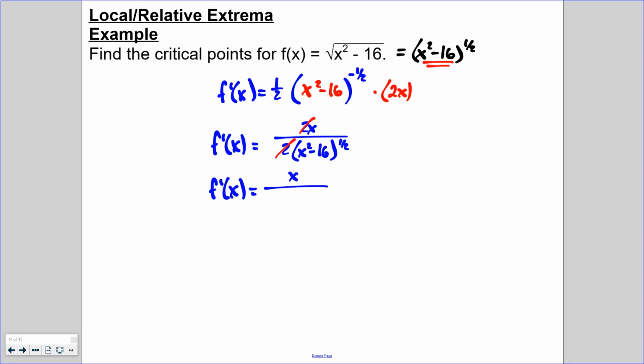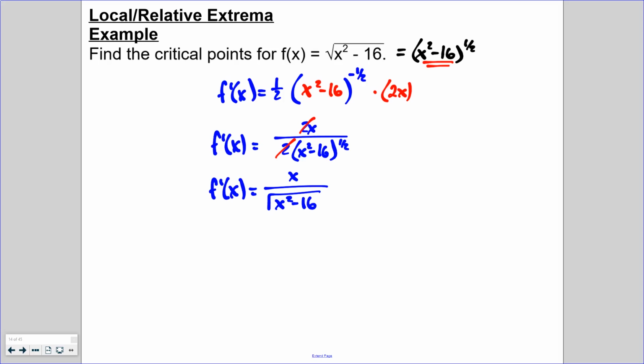And for the purposes of what we're going to do next, I actually want to put the x squared minus 16 back in the radical. So I'm going to change the 1/2 power back into a radical, and hopefully you'll understand why in just a moment. But that's going to give us a derivative of x over the square root of x squared minus 16.